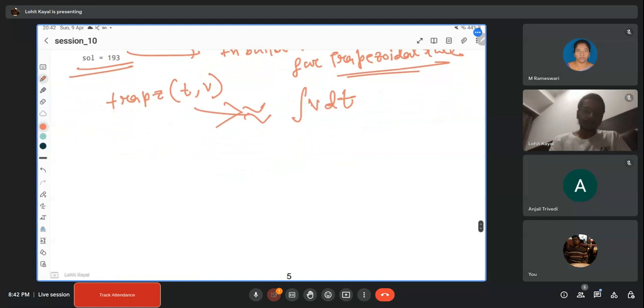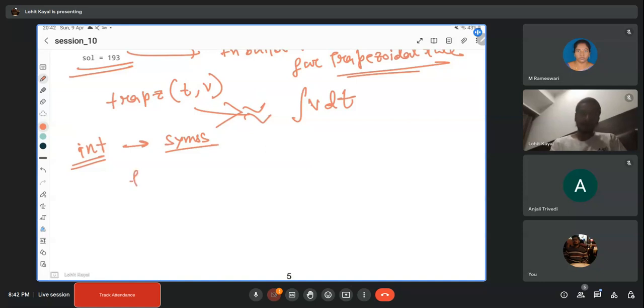Suppose you have some continuous function. We have already discussed that int is applicable for symbolic computation. It calculates the value symbolically.